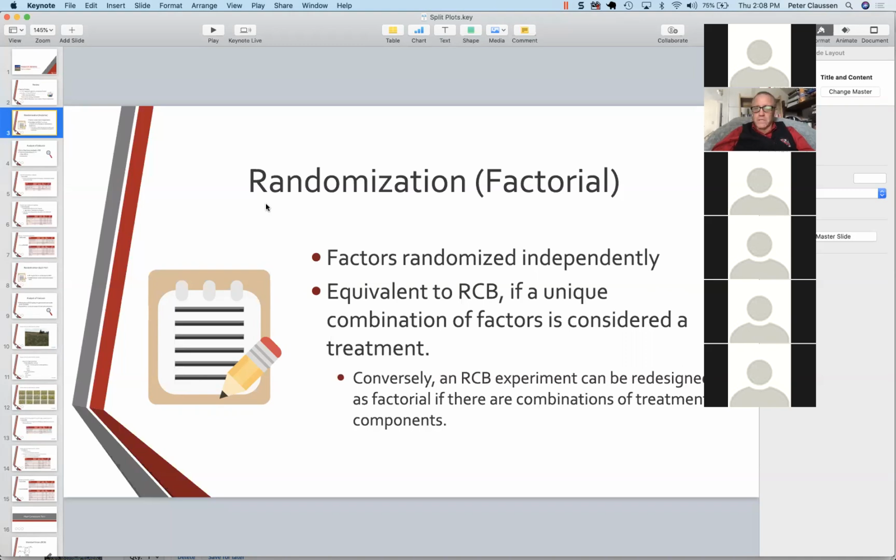And the converse of this, which I might touch on a little bit today, is that if we see that there are combinations of treatments among a multi-treatment study, if there are some combinations that appear more than once, we can think about converting a standard randomized complete block design experiment into a factorial design simply by restructuring the treatments.